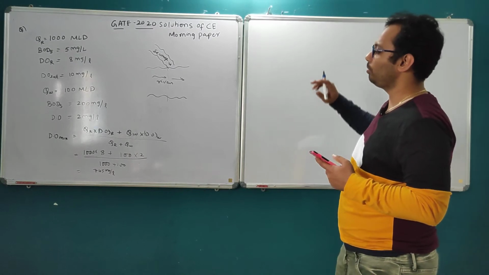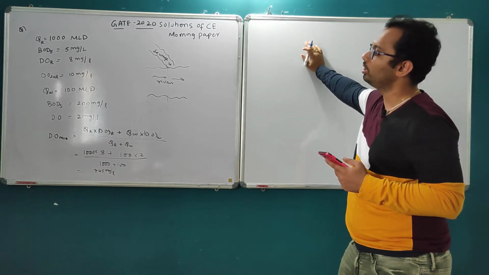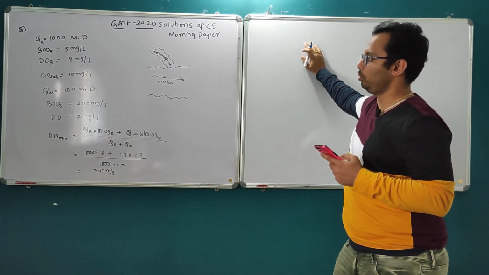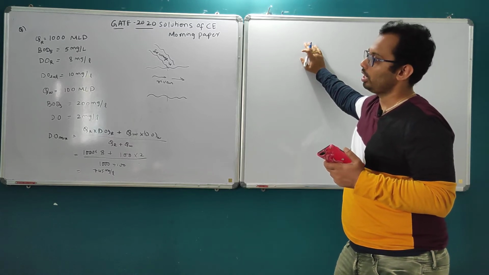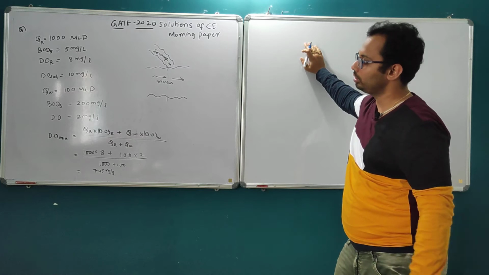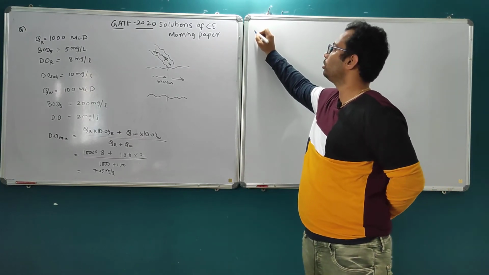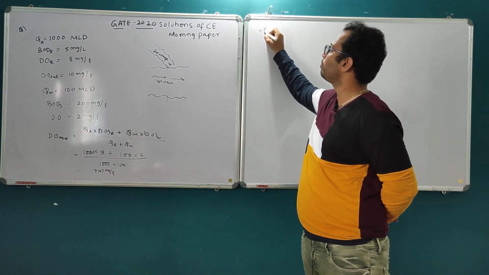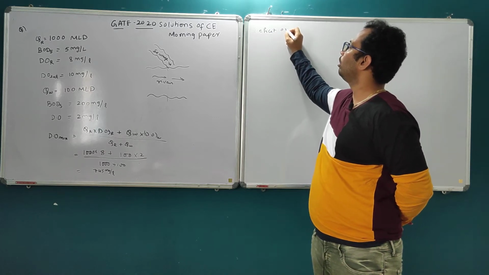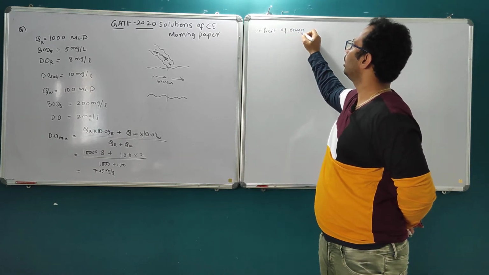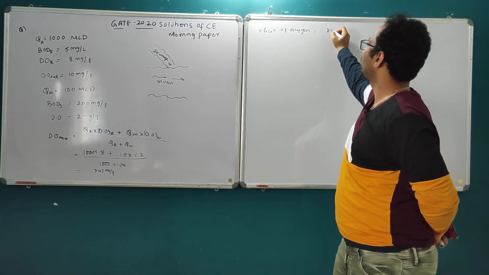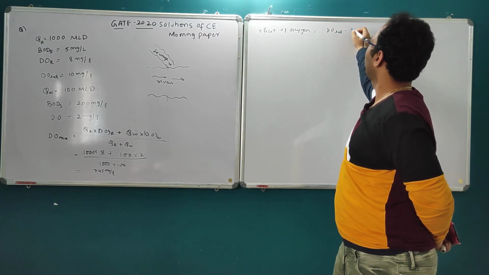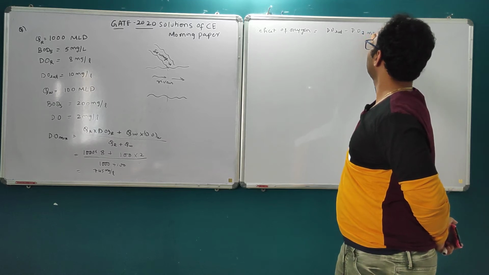Now what will be the BOD? I think BOD is not necessary here. He is asking only deficit of DO, right? So saturation DO is 10 and the DO of the mixture is 7.45. So the deficit of oxygen is equal to DO saturation minus DO of mixture.